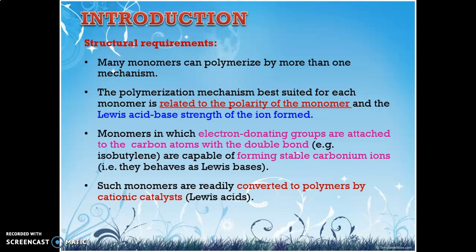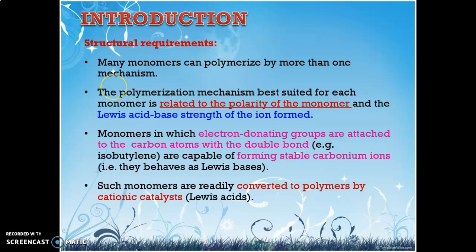So, the statement is a general statement whereby a monomer, for example, polystyrene, can be polymerized by free radical. It can also be polymerized by anionic. So it is not limited to one type of polymerization technique only for certain polymers.